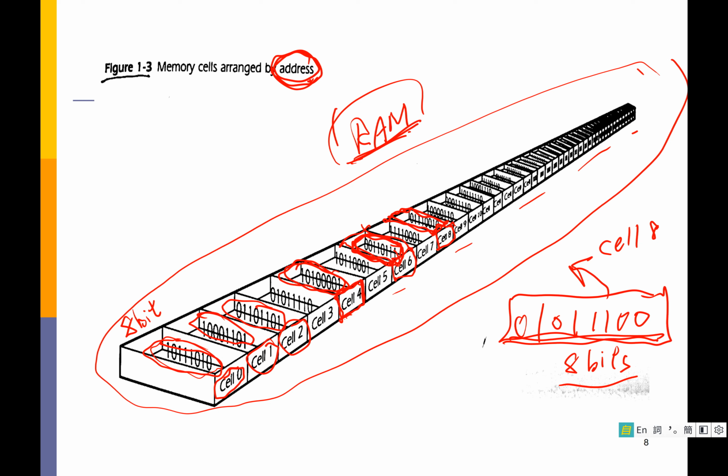After you get the value, it remains in cell 6. Unlike the mailbox, after you retrieve the letter, the mailbox is empty and the letter is gone. But in a memory location, after you read, the value remains at the location.